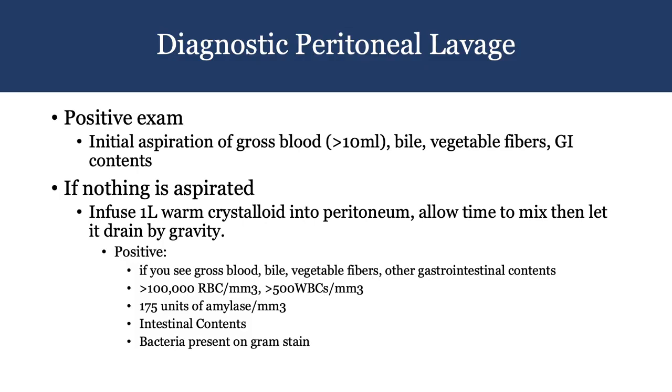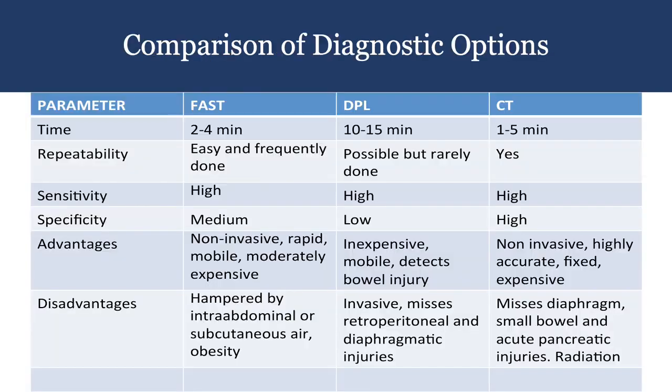It will be positive if in the lab they find more than 100,000 red blood cells per milliliter, or more than 500 white blood cells. It will be positive if they find more than 175 units of amylase per milliliter to indicate pancreatic damage, or if they find intestinal contents and bacteria on gram stain.